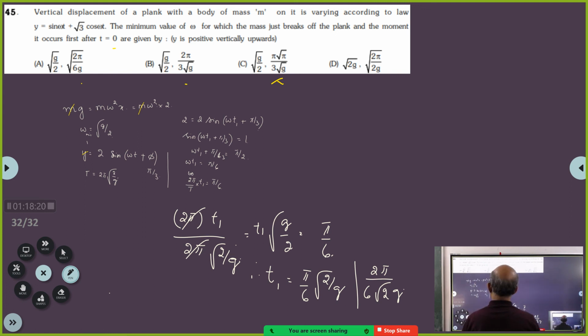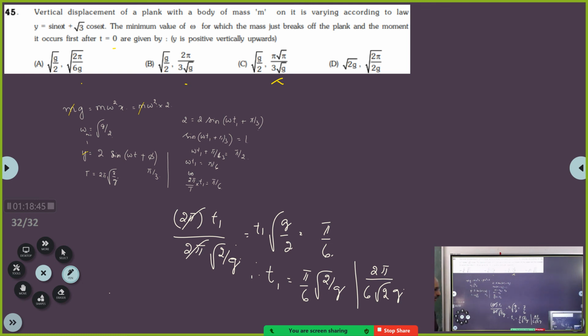So option D will be wrong. That is fixed, so A, B, C only should be. We get here pi by 6 into root of 2 by g, but that option they have not given.